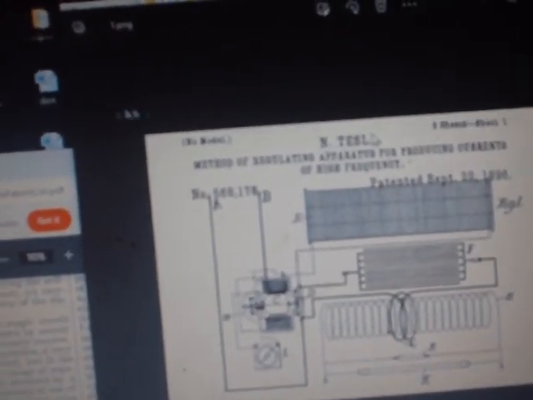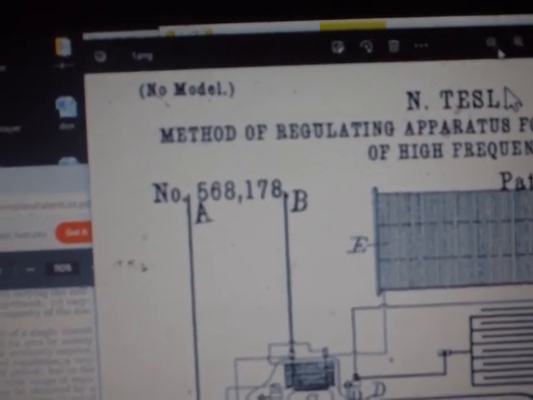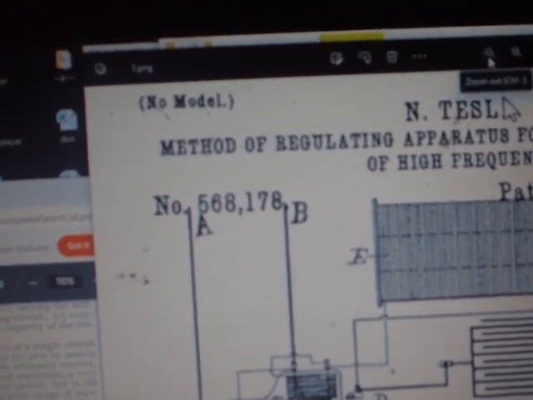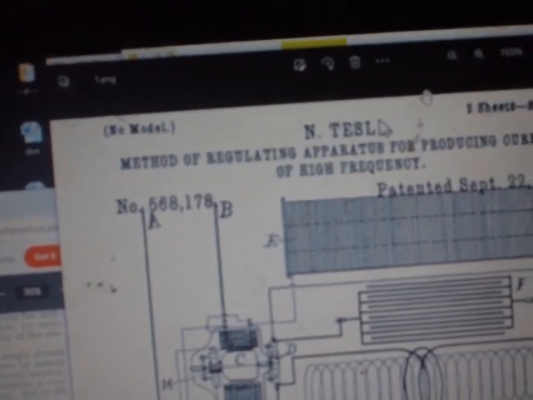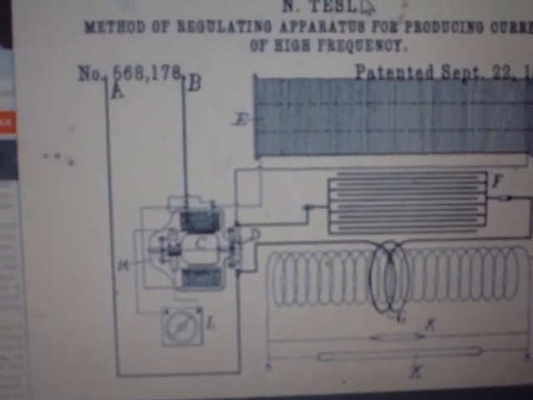And now we go back to the patent. So you're off the grid, having your high voltage for basically nothing, 9 to 12 volts, and you're on your way.